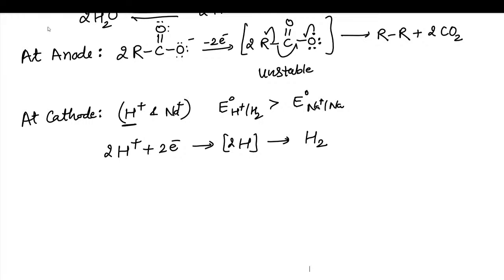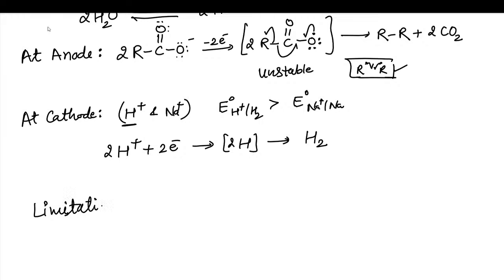This is whole electrochemistry. At the anode oxidation takes place and at the cathode reduction takes place. Two alkyl radicals join, form a bond immediately because they are highly unstable. Now, what is the limitation of this reaction?